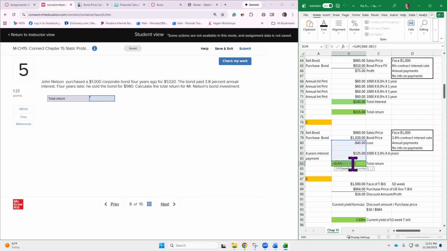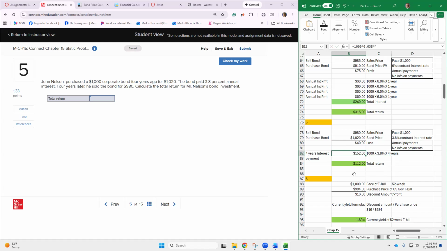Okay, so there's the interest and the loss. Now let me calculate this. 38 times 4. So it looks like over those 4 years, he had interest of $152.